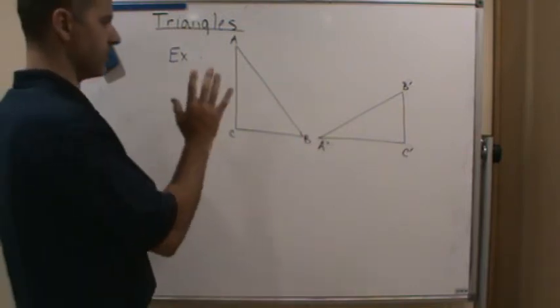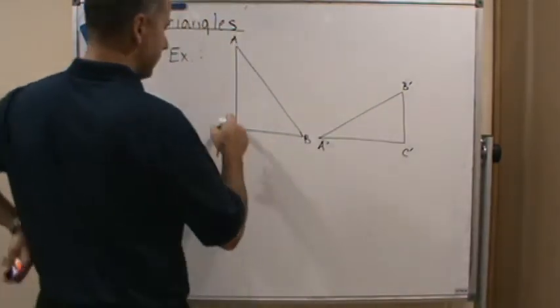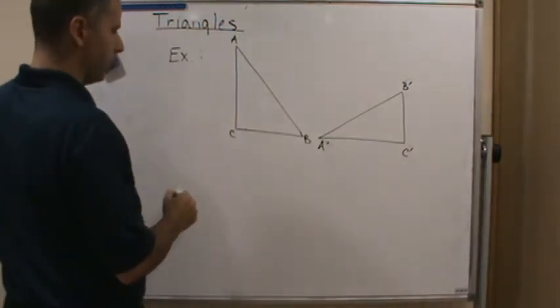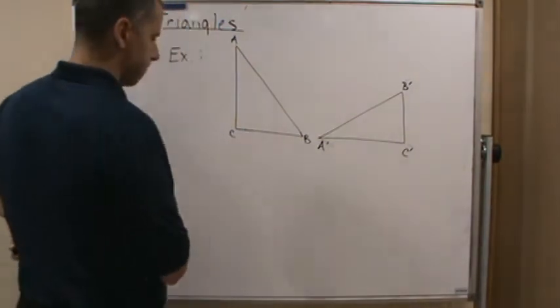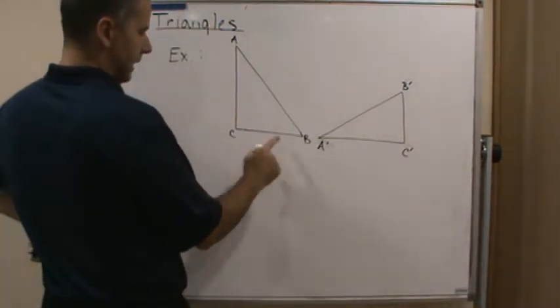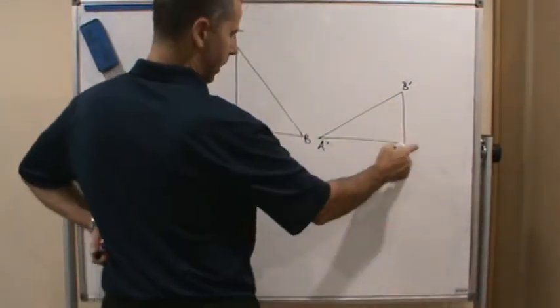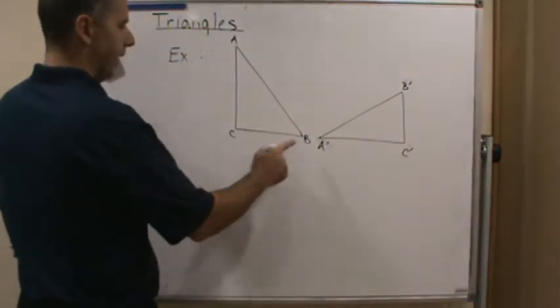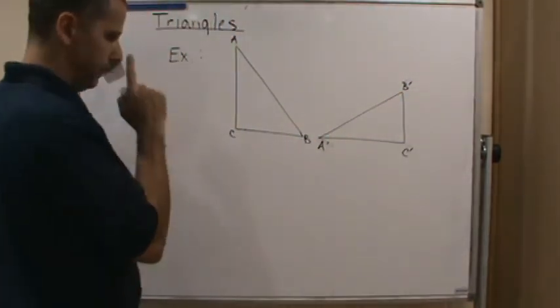If these are similar triangles, I know that AC corresponds to A prime, C prime. CB corresponds to C prime, B prime. And BA corresponds to B prime, A prime.